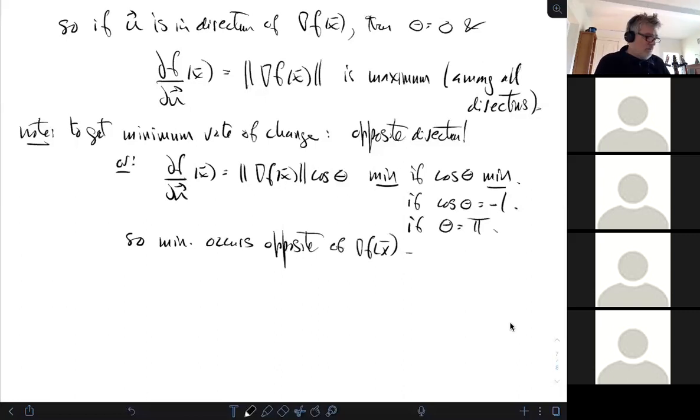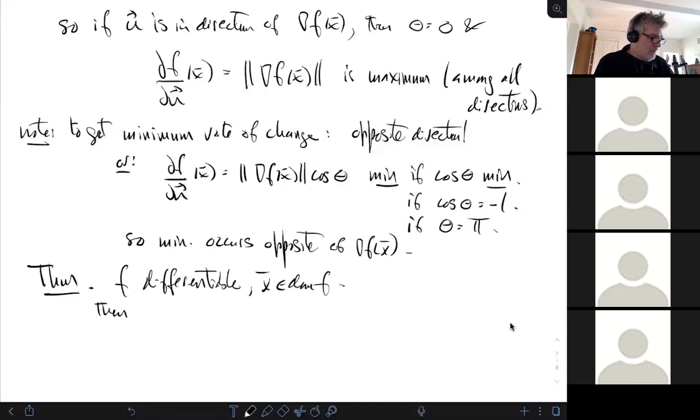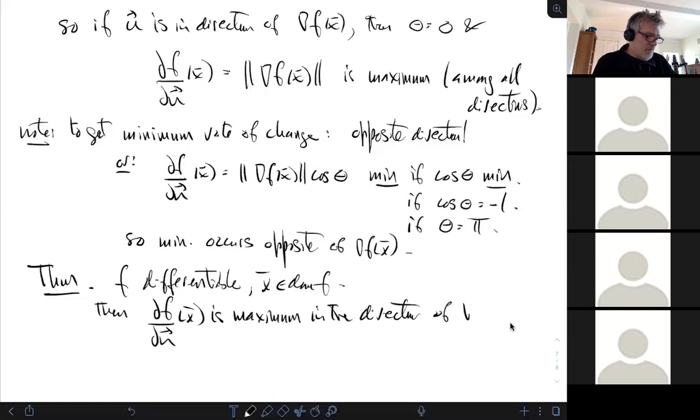Okay, so let's just recap this in the theorem. So I have f differentiable, x bar in the domain of f, then del f del u at x bar is maximum in the direction of the gradient and has value the length of the gradient.